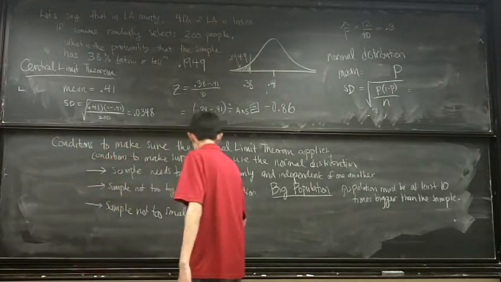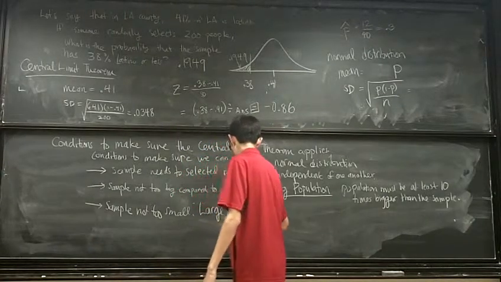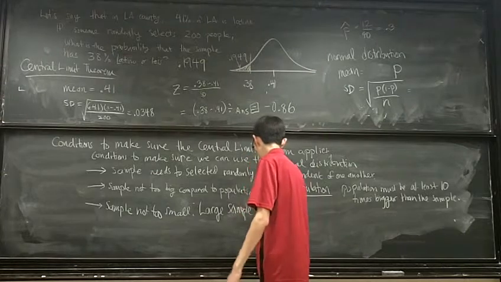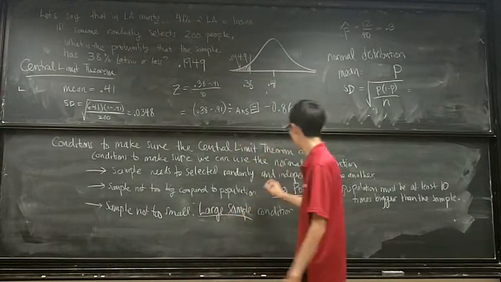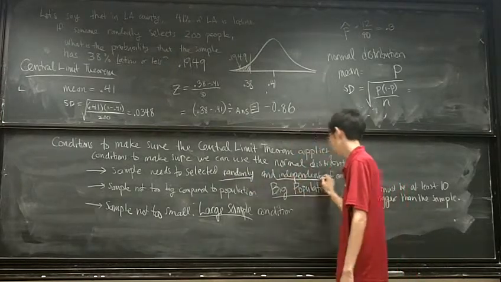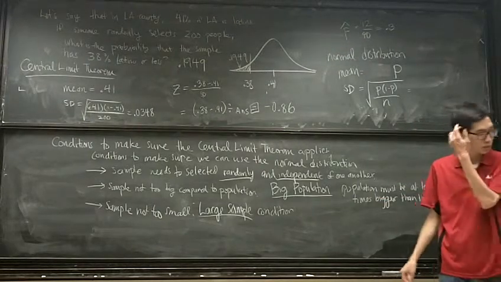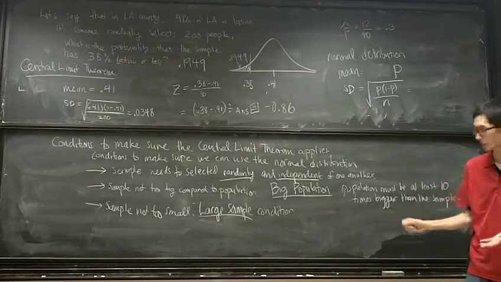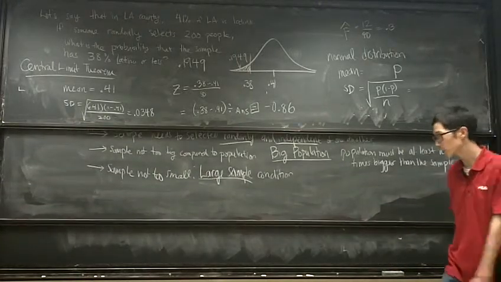Okay. And this is the large sample condition. This first one is the independent random condition, or random independent condition. Alright, so the large sample condition, this one's a little bit more complicated to check.